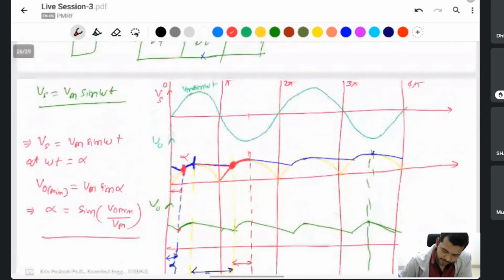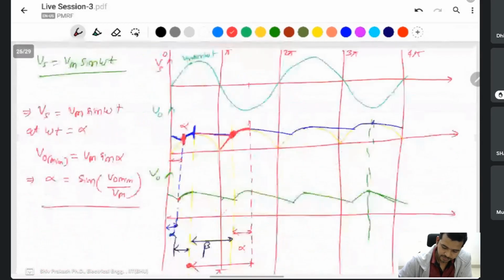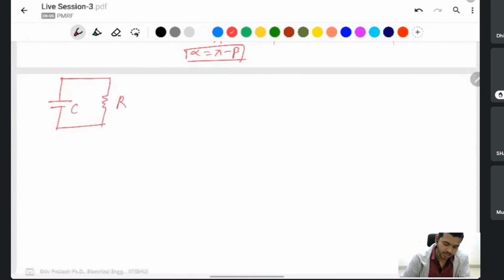During discharging time, only this one circuit is present, the RC circuit, and the capacitor has some voltage. This is the initial voltage, and what is the I?